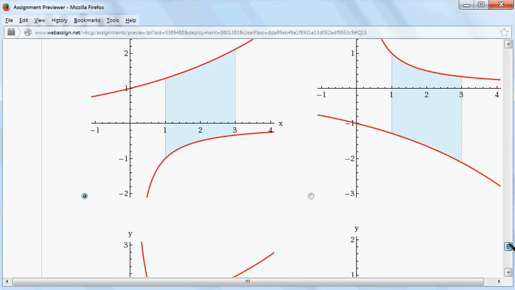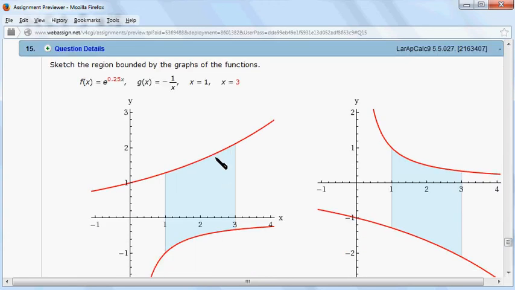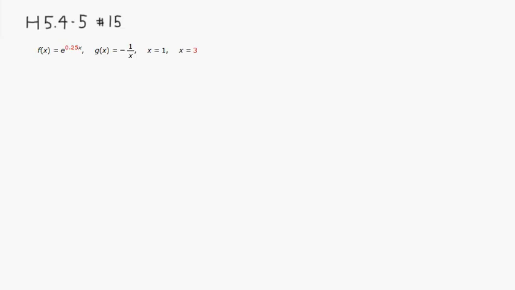So let's find the area of this shaded region from 1 to 3. You can tell from the picture that this guy right here is the top one, and this guy is the bottom one. Then it goes from 1 to 3, so this is our a, and this is our b.